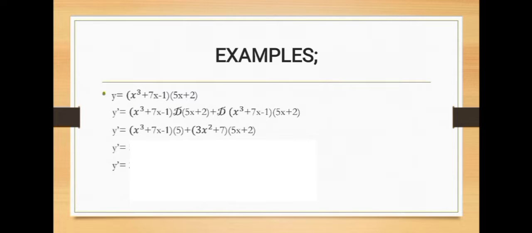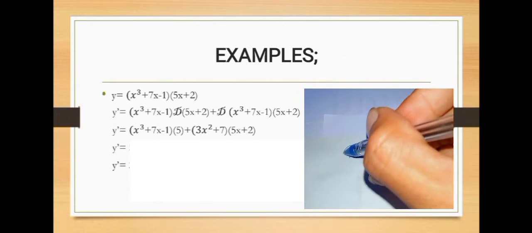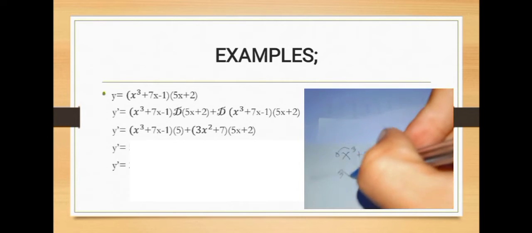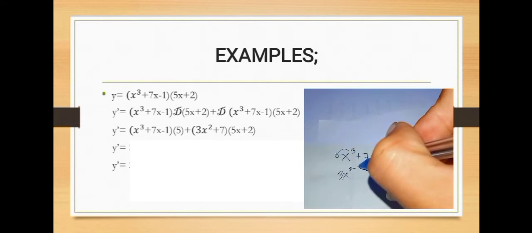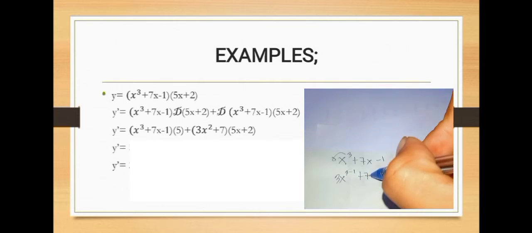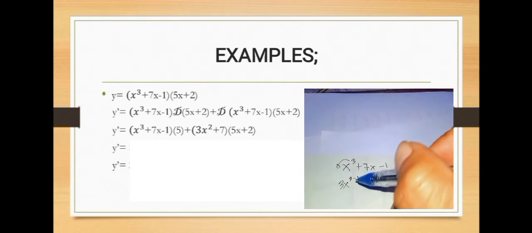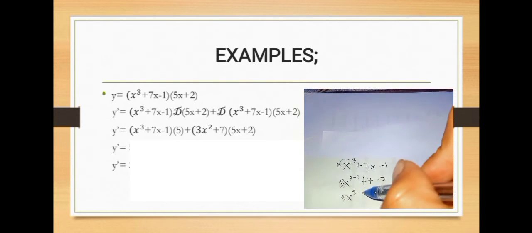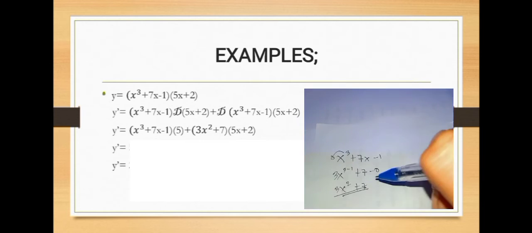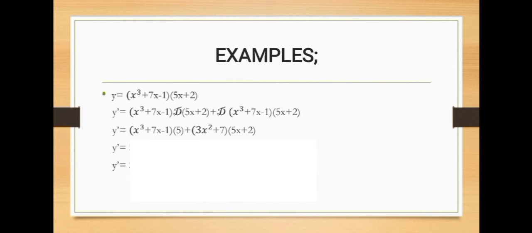And plus the derivative of x cubed plus 7x minus 1. In the power rule, bring down the exponent 3, subtract by 1, so we have 3x squared plus 7, because we have the constant 7 and the variable x, so we just copy the constant 7. Then just copy the second term.